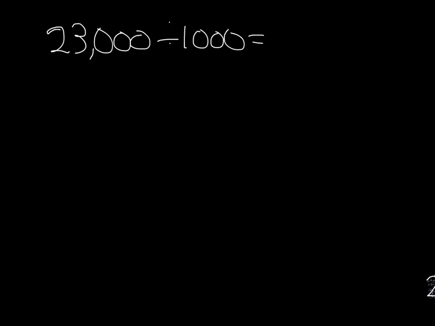And so let me go ahead and copy down my place value disk to remind us of what we're doing. 23,000 has two 10,000s. And then it has 3,000s.